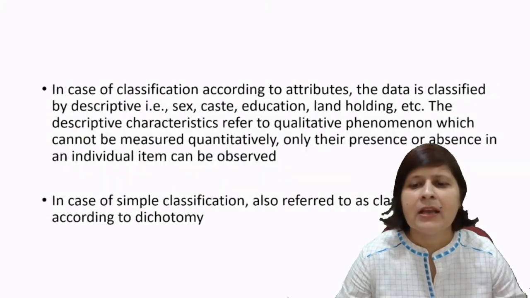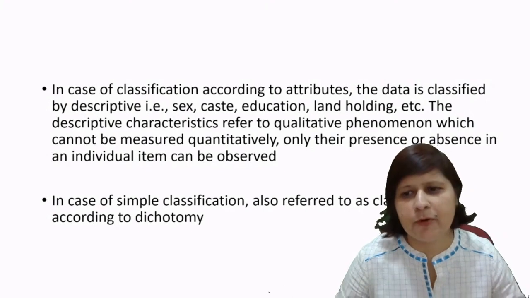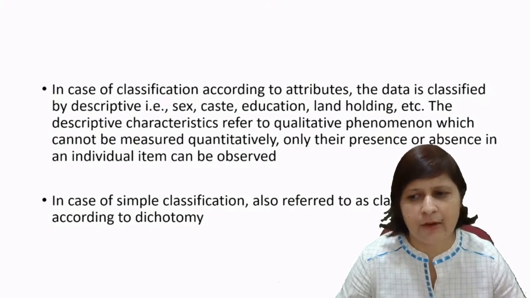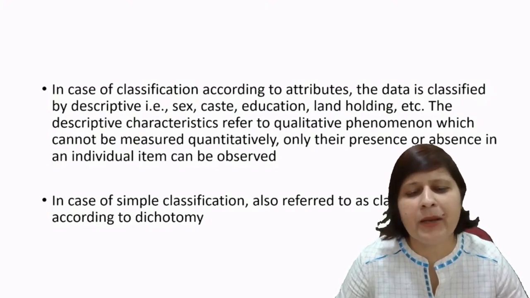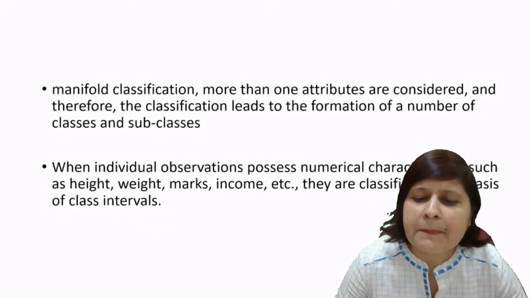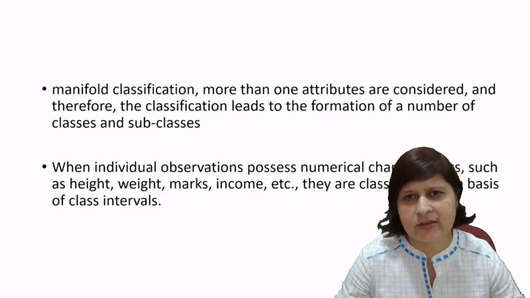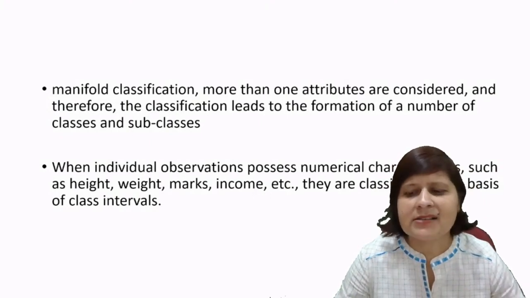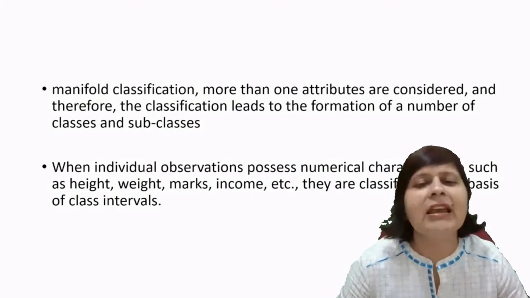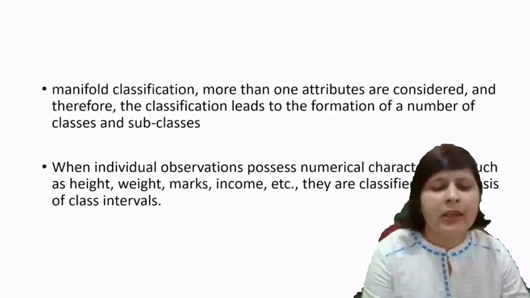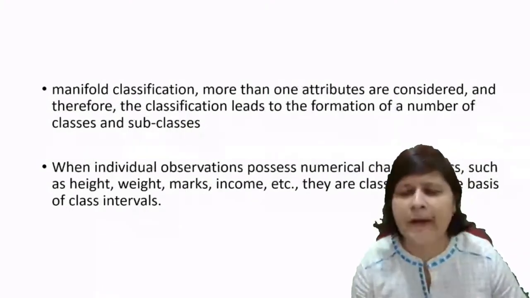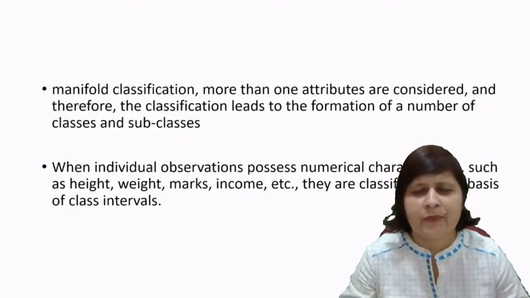So the first one is classification according to attributes. It is a descriptive type of classification. Only their presence or absence could be observed. The second type is when individuals possess numerical characteristics such as height, weight, marks, incomes, and it could be based on class intervals, like age group between 0 to 10, 10 to 20, 20 to 30, 30 to 40, right?